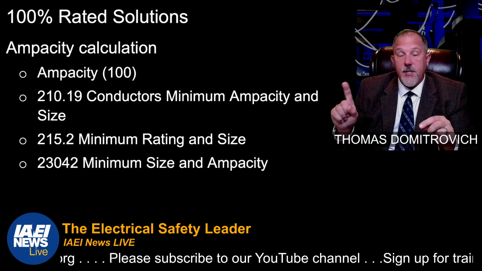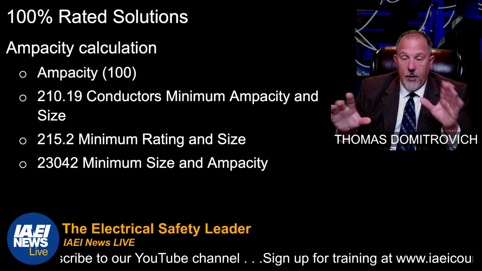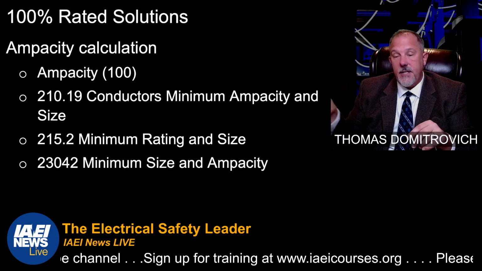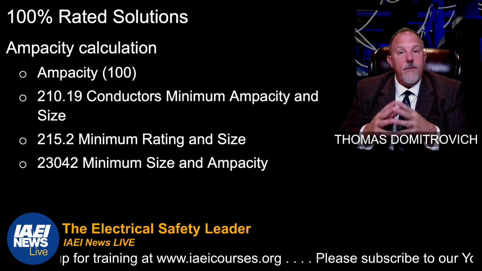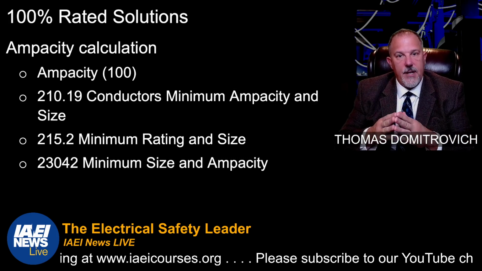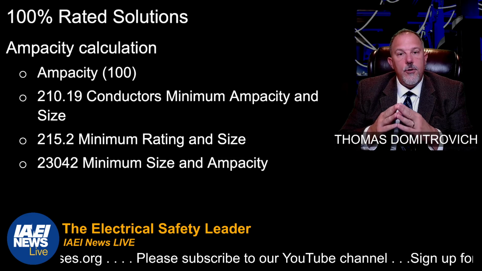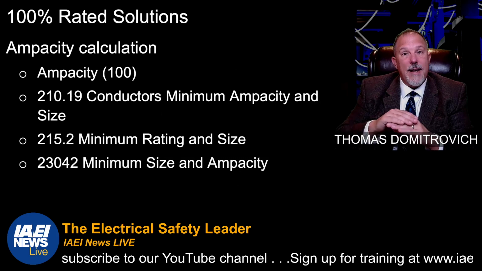So in the first calculation, when you have continuous loads, you have to take 125% of the continuous load and add that to the non-continuous load. So whenever we think of 125%, it's only in relation to continuous loads. That's when I'll do my calculation.